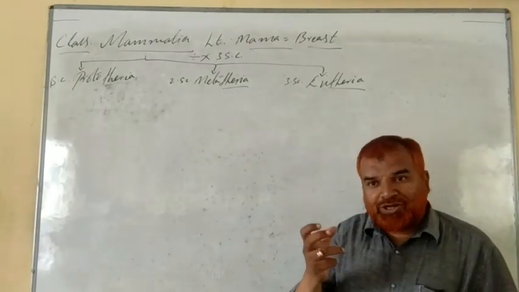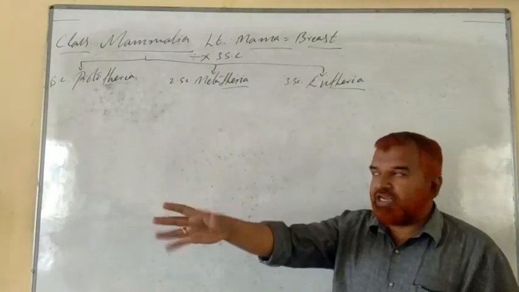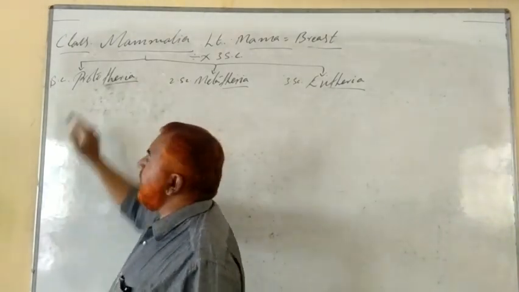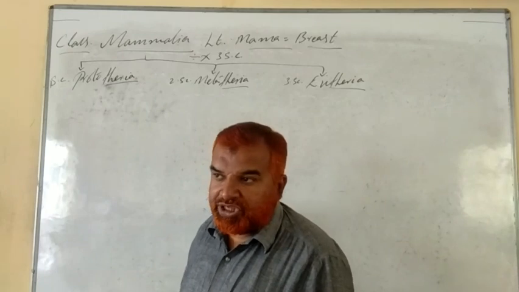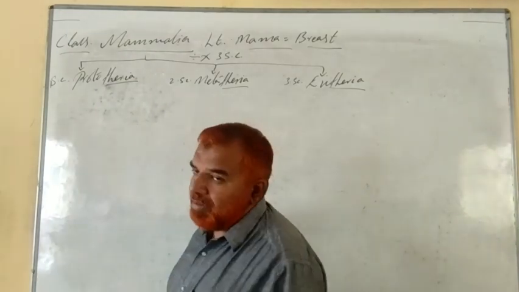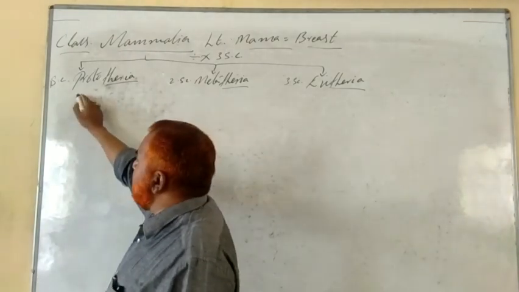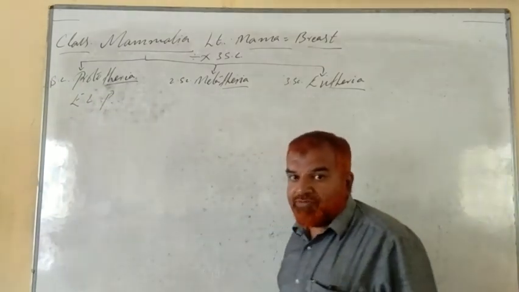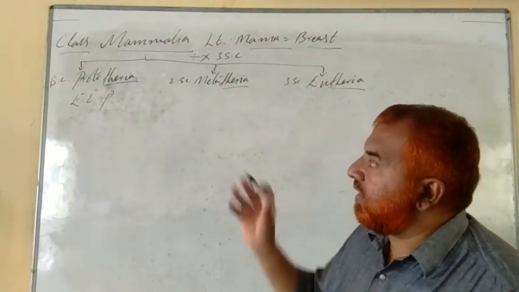Pro or proto refers to primary or basic, before that. So these animals are before the development of placenta: Prototheria, or what we call egg-laying mammals, like echidna and platypus. Echidna and platypus are examples of this subclass.